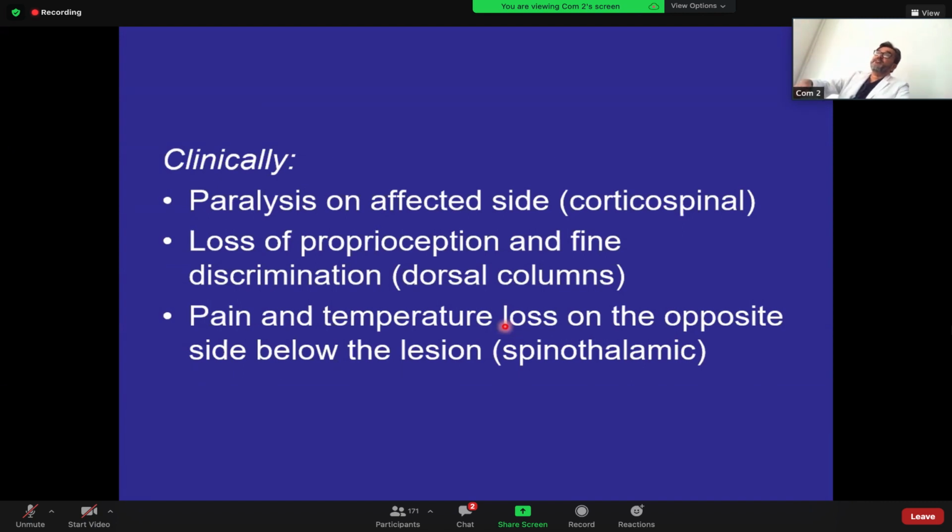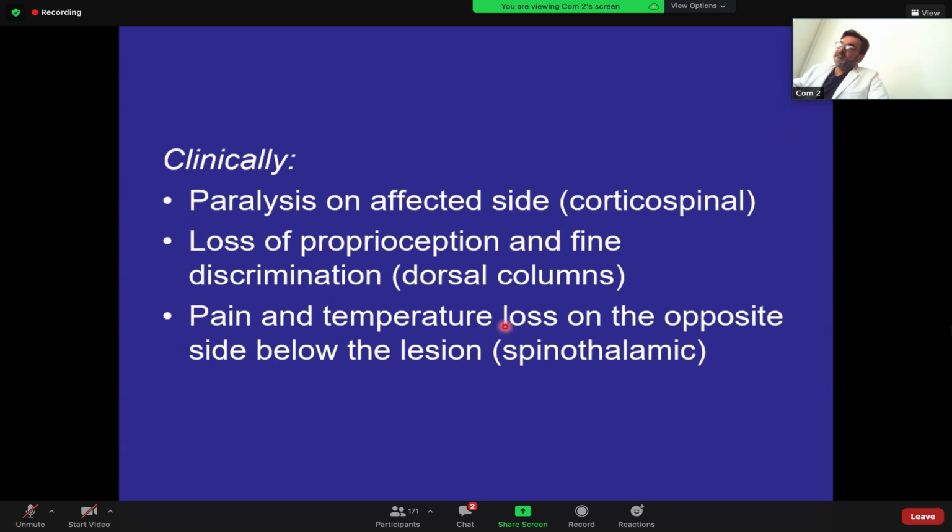So if it is getting injured, then you would have below the level of the lesion on the ipsilateral side an upper motor neuron type of lesion. Then you go to the spinothalamic tract, which at that segment has not crossed. So at the segment where there is hemisection, you have pain and temperature on the ipsilateral side lost.